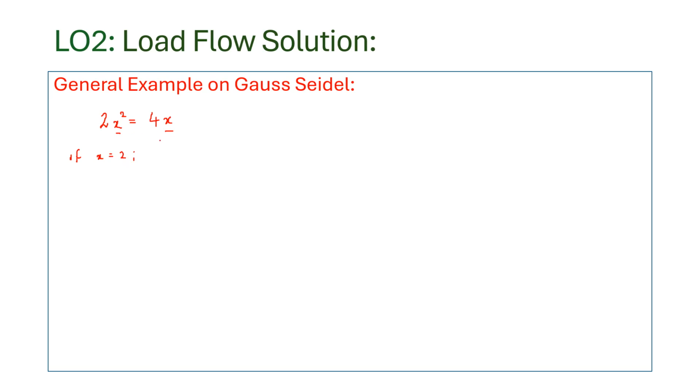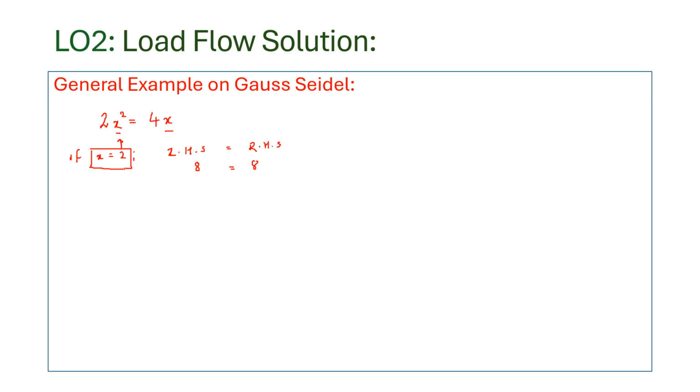If you look at this equation and use your logic or some understanding, we can say that for x equal to 2, LHS becomes equal to RHS. If you substitute x equal to 2 here, then it becomes 8 equal to 8. So LHS becomes equal to RHS, then x equal to 2 is your solution.